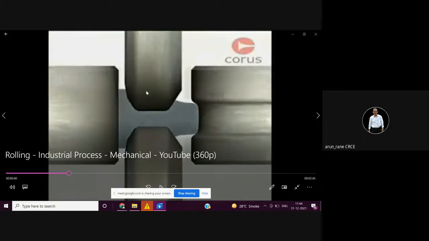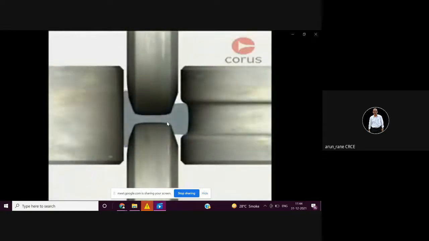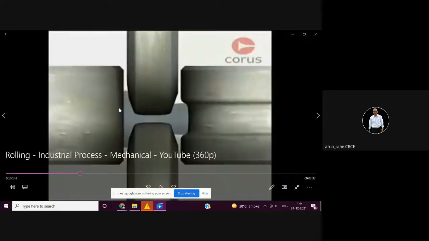These are the two rolls through which the material is passed. So look, the section what you are going to get is this. So this is I shape, rail section. This is the rail section. So the material is passed in the form of a round bar or it can be a square bar through these rollers.